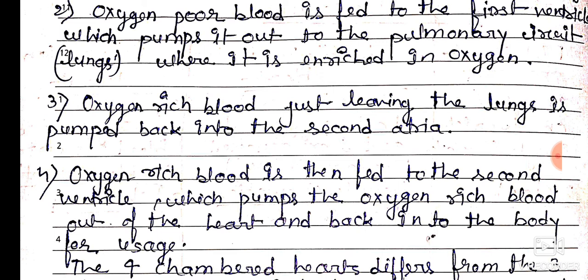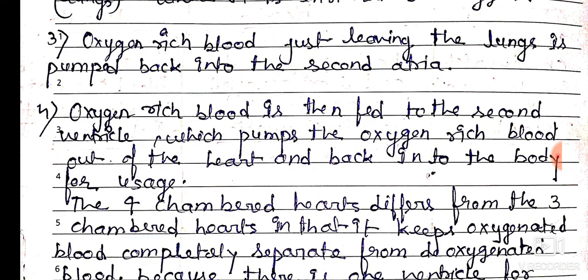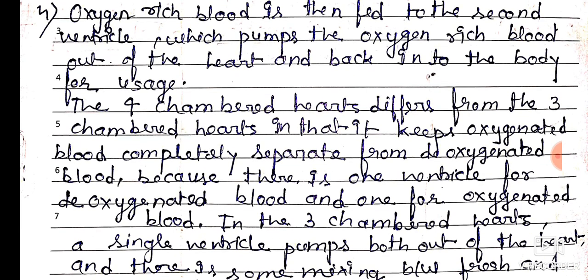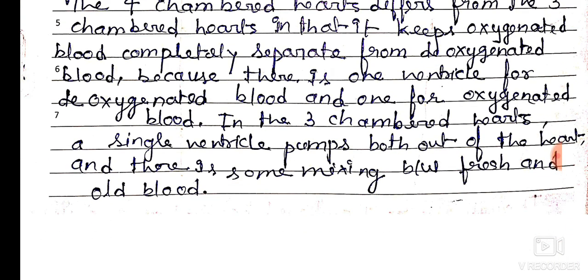Oxygen poor blood is fed to the first ventricle, which pumps it out to the pulmonary circuit, the lungs, where it is enriched in oxygen. Oxygen rich blood just leaving the lungs is pumped back into the second atrium. Oxygen rich blood is then fed to the second ventricle, which pumps the oxygen rich blood out of the heart and back into the body for use.